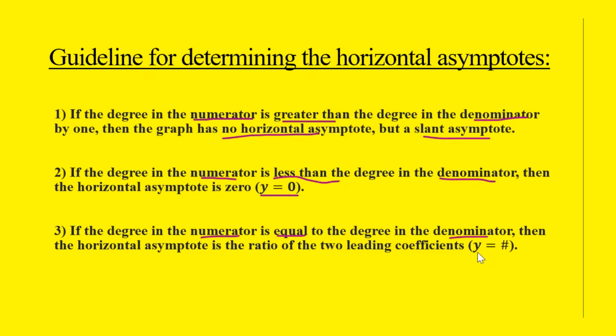So therefore, we're going to have an equation that looks like y equals some number. We're going to take a look at exactly what we mean by the ratio of two leading coefficients: the leading coefficient in the numerator and the leading coefficient in the denominator.